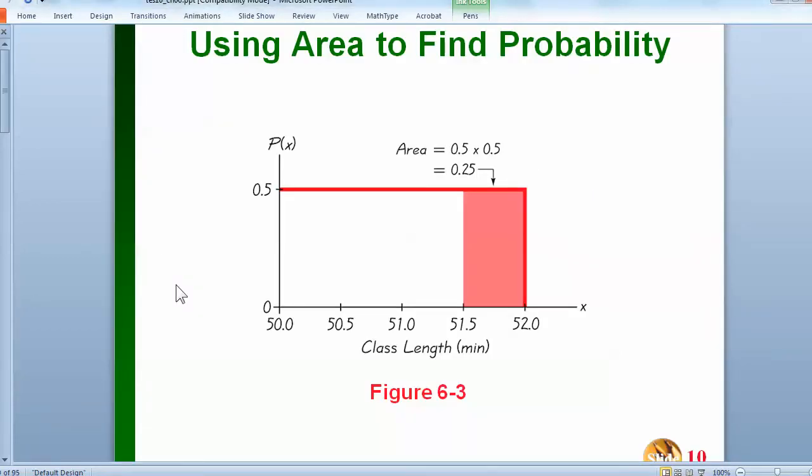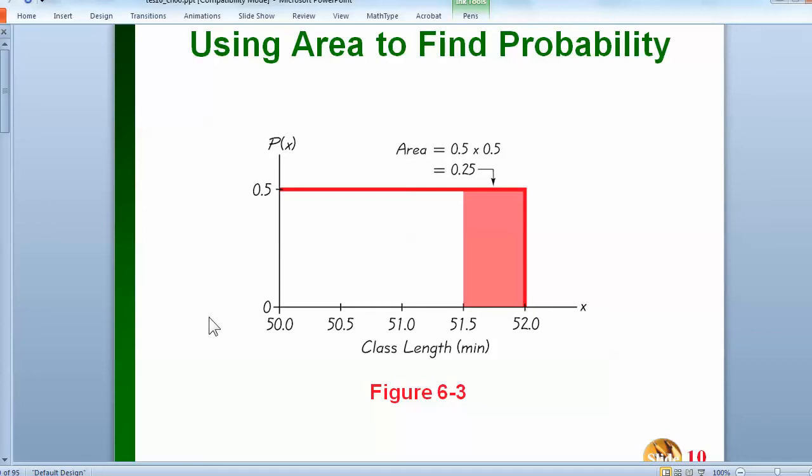Jumping back and forth, here's another example using the area to find the probability. Suppose you are taking my class and you know that I regularly finish my class between 50 and 52 minutes uniformly. I never finish earlier and I never finish later.